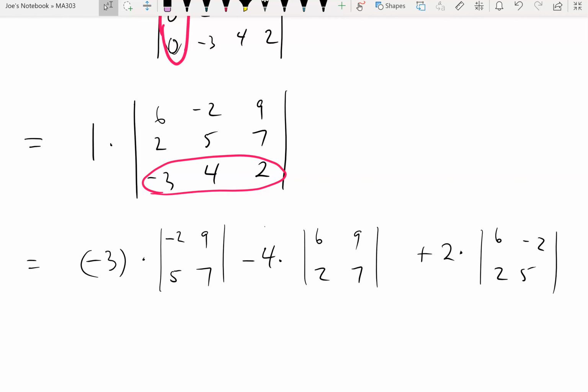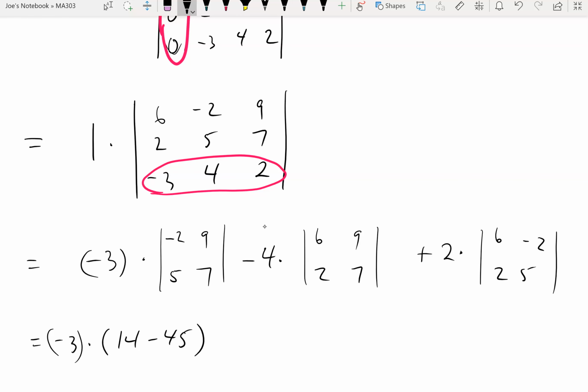For 2 by 2 matrices, we can take the determinant by taking this main diagonal, doing that product, and subtracting the off diagonal, that product. So we'll have negative 3 times negative 2 times 7 is 14, minus 45.